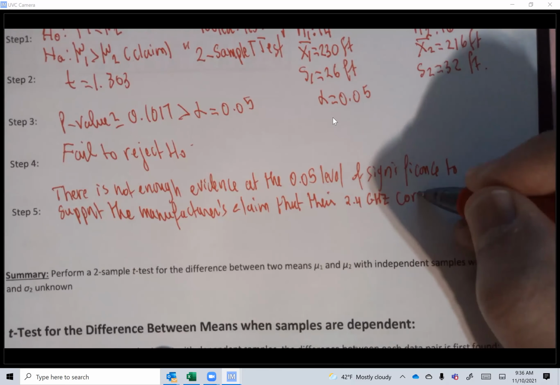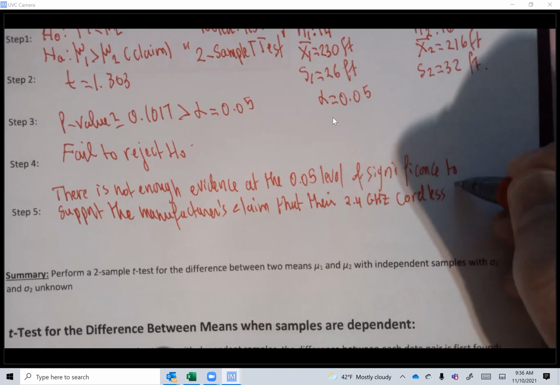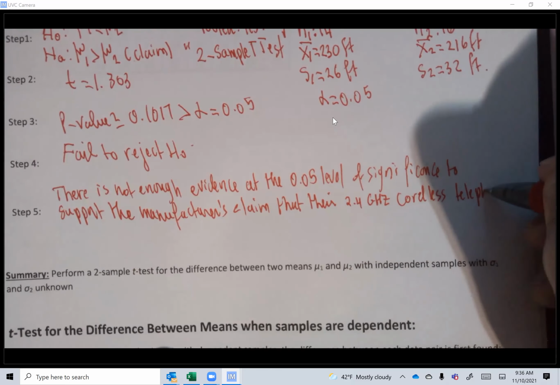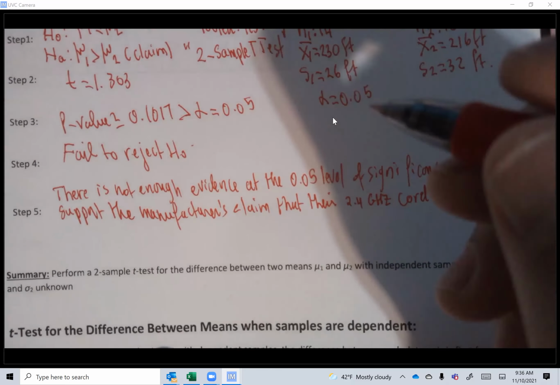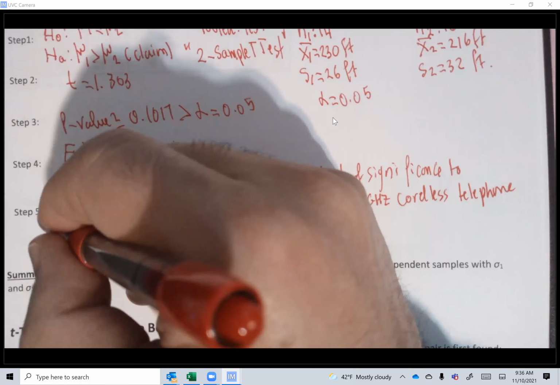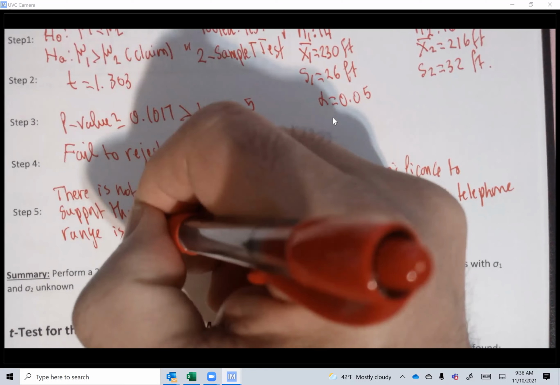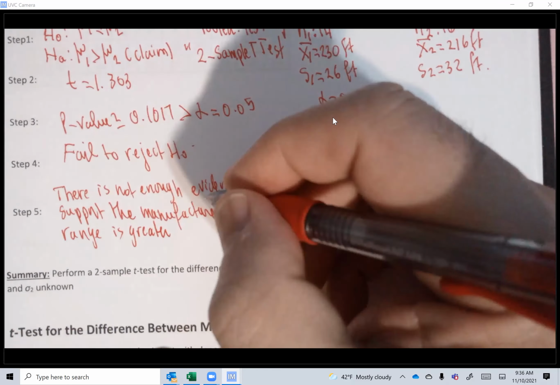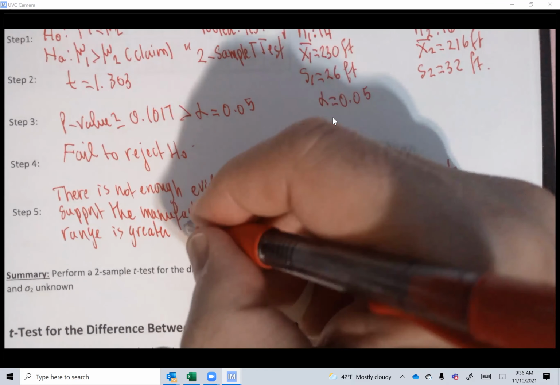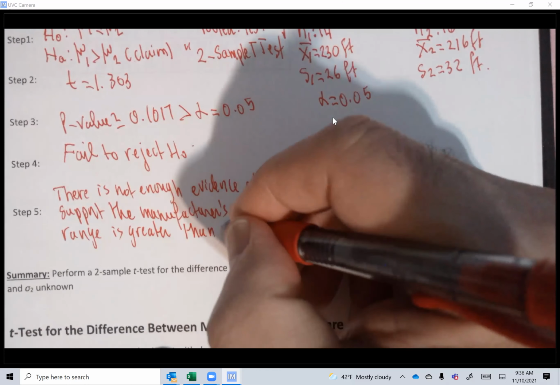Cordless telephone range is greater. We're not saying it is greater, we're saying we cannot support that than that of its competitor.